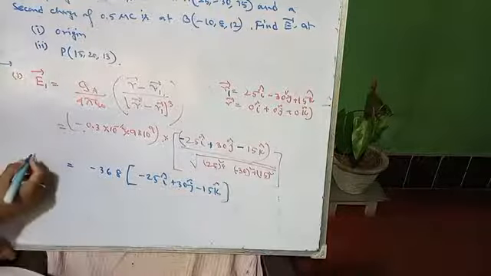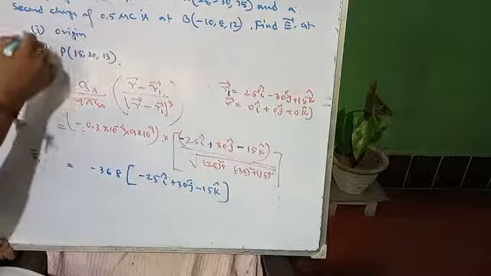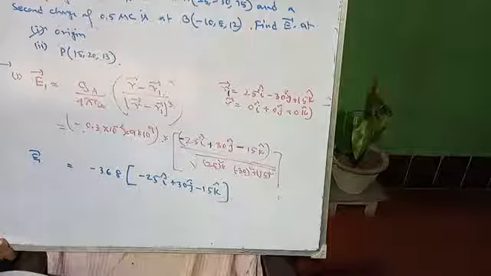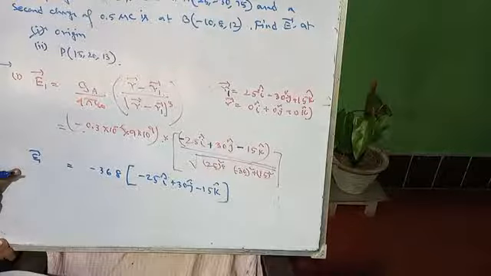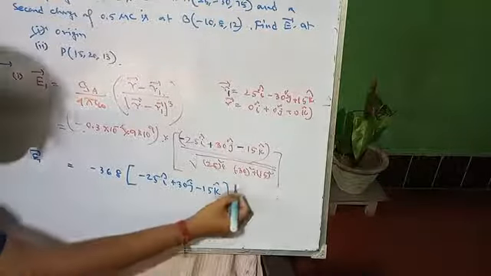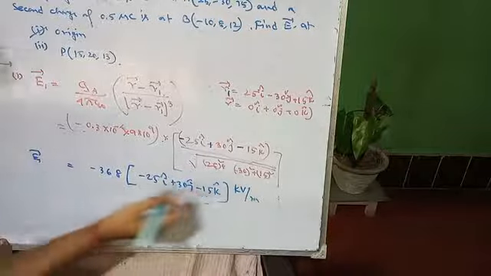So this is your E1, the intensity at the origin due to this point A only. Your unit will be kilovolt per meter.